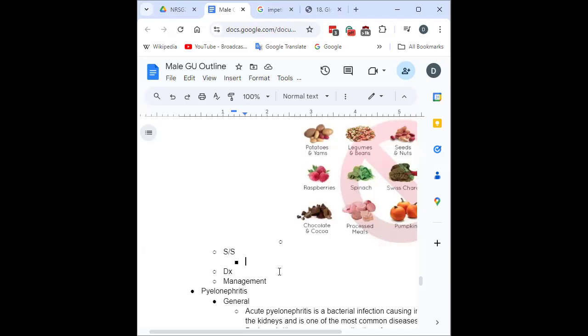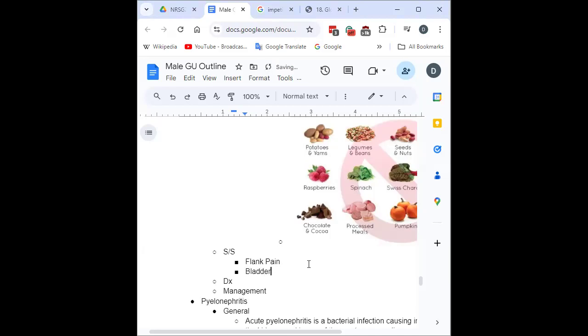We'll start talking about the signs and symptoms. Mainly you'll have flank pain. So whenever you're thinking of pain related to kidneys, that's the flank pain. Whenever you're thinking of issues with the kidneys, you might want to think about bladder distension because you're not peeing, so you're going to have retention. We talked about all that. So you're going to want to assess your urine output. Frequency of urination, dysuria.